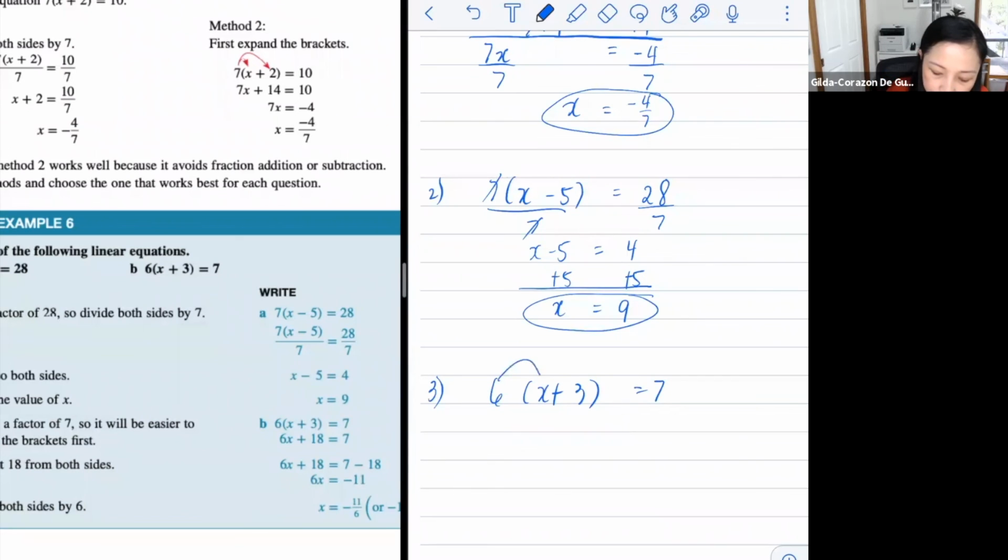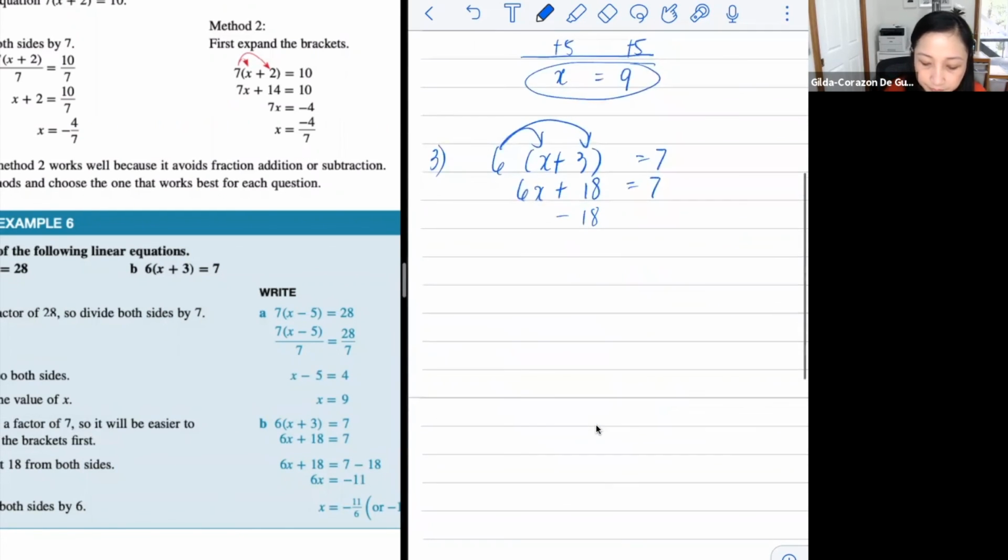Okay, so then you have 6 multiplied by x and 6 multiplied by 3. You get 6x plus 18 equals 7. And getting rid of the 18, you minus 18 on both sides. And therefore, you have 6x equal to 7 minus 18, which is negative 11. And therefore, you have x equal to negative 11 over 6.